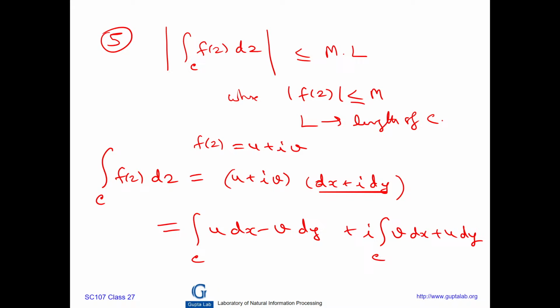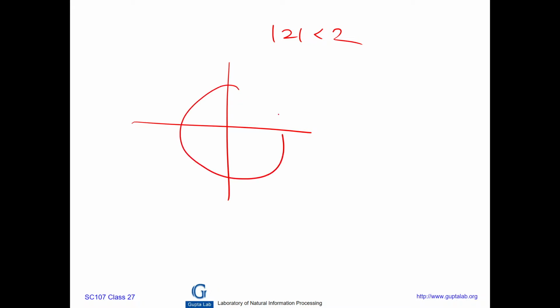Now before proceeding further with the integrals, I would like to talk about what are known as simply connected regions and multiply connected regions. Let us take an example: mod z less than 2. My circle has not come out well.